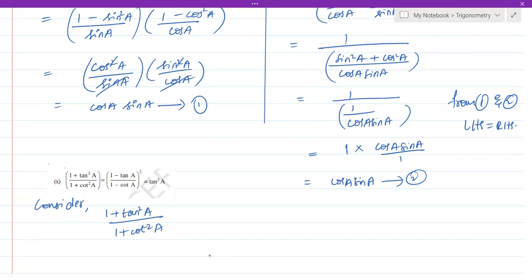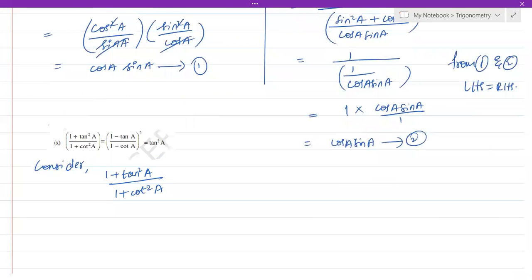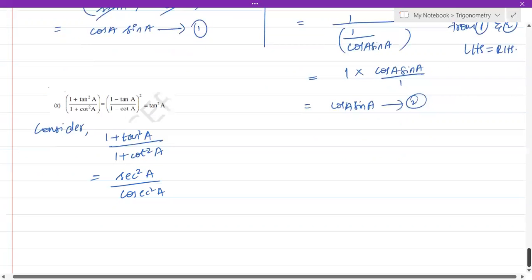Now, if you observe, there is an identity. 1 plus tan square a can be written as secant square a, and 1 plus cot square a can be written as cosecant square a. Now, let's use the reciprocal relation. Secant square a can be written as 1 by cos square a, and cosecant square a can be written as 1 by sine square a, isn't it?